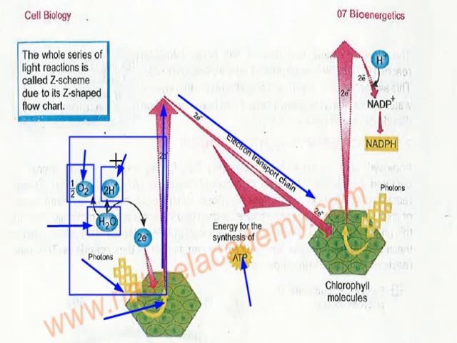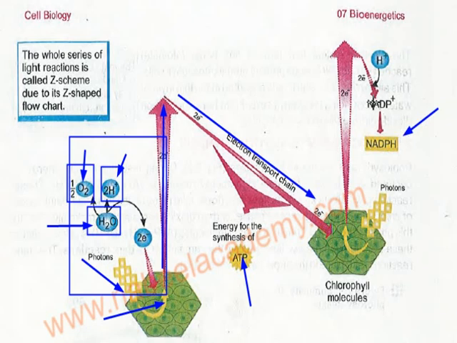Fourth step, the electrons of chlorophyll after the production of ATP and the hydrogen ions. Now see, these are the electrons of the chlorophyll, and the hydrogen ions are used for the reduction of NADP. Now see what happens again in the presence of light. We have to produce NADPH.